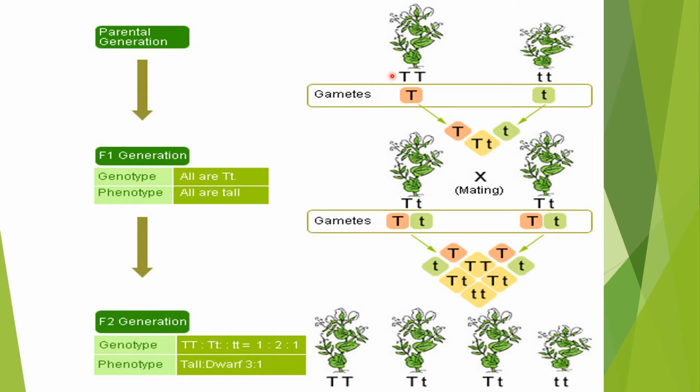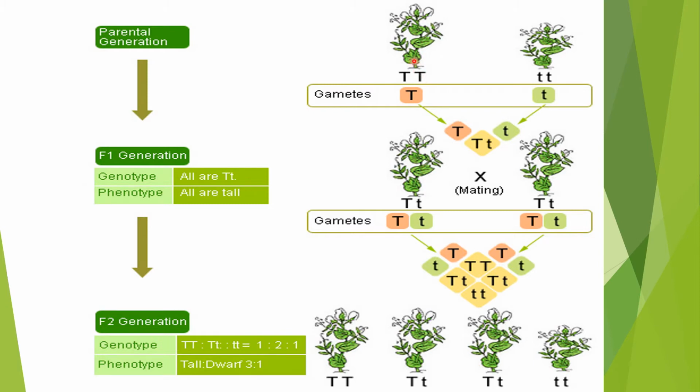You can see over here, one parent is a pure tall plant which is represented by the genotype capital T, capital T. Capital T gene determines tallness in an individual, and like chromosomes always occur in pairs, the genes also always occur in pairs.